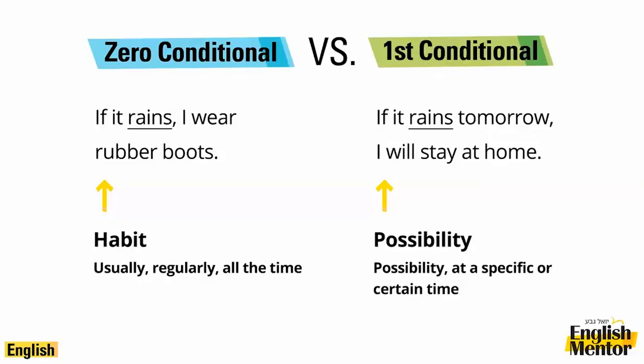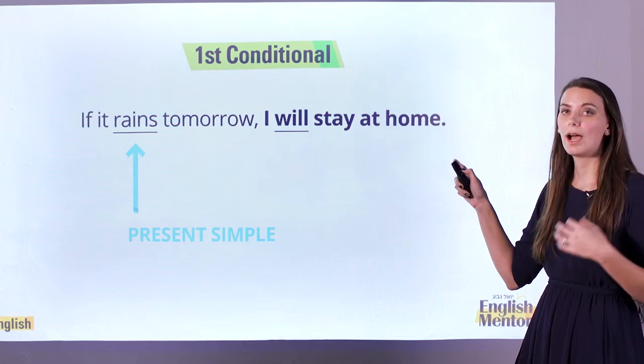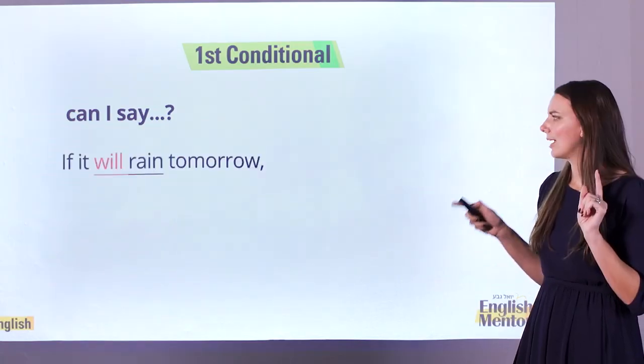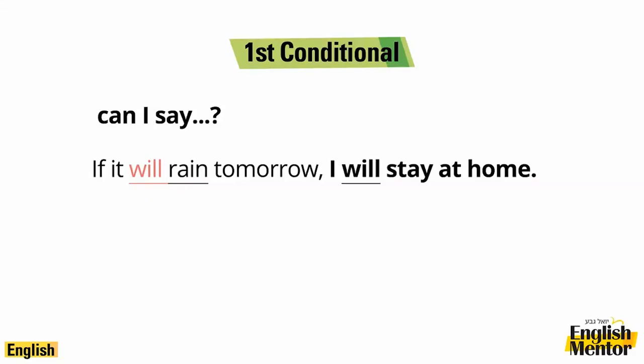So let's take a look. You probably noticed, how do we form the first conditional? What is the structure? If it rains tomorrow, present simple, and I will stay at home. Will plus the verb, talking about a future event. Can you say, if it will rain tomorrow, I will stay at home?